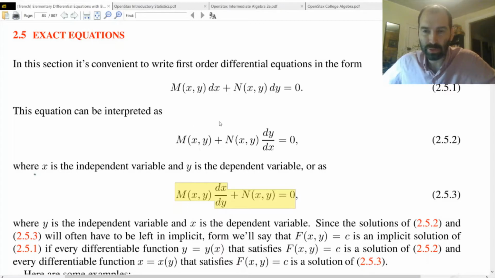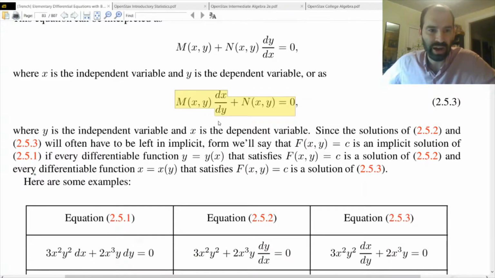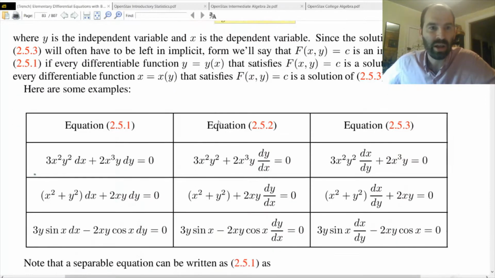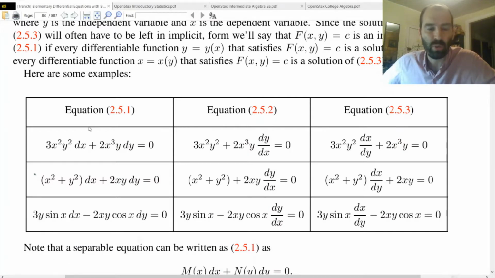Now, these differential equations, have we seen these? Well, we sure have. Some of the differential equations we've seen were actually of that form already. This is a differential equation that we could have come across if you had pulled the dx and dy apart. Notice we have a function of x and y times dx plus a function of x and y times dy equals 0. And again down here, function of x and y equals 0.